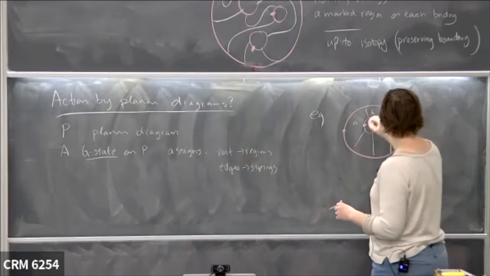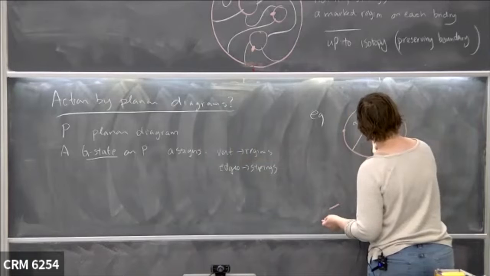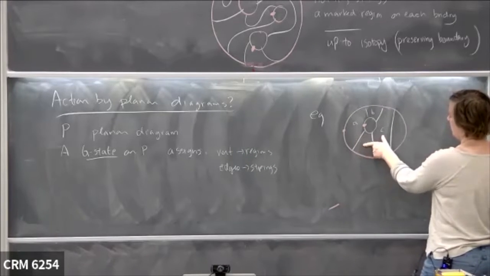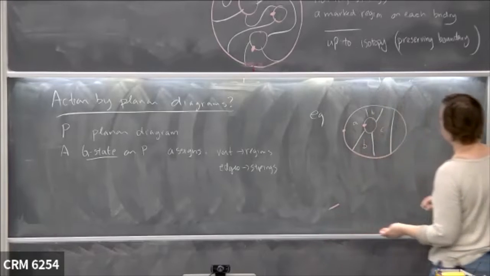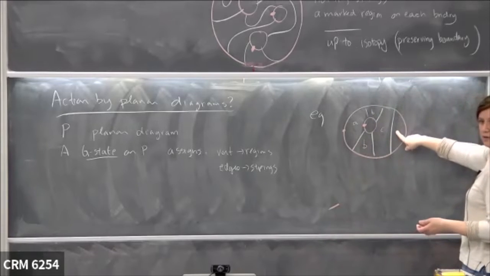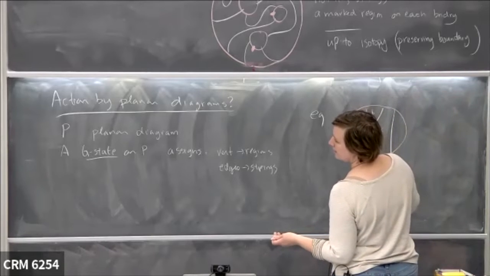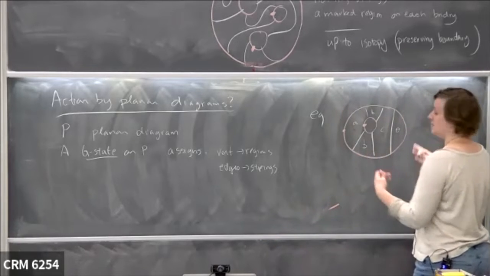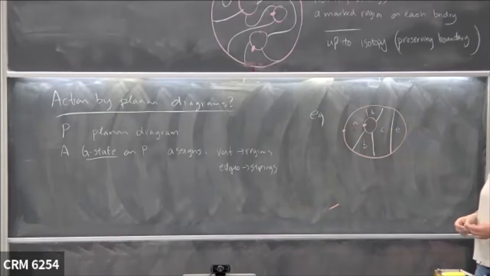We can have A and B and C. Now we're constrained, because whatever vertex goes here must connect to C by an edge and must connect to A by an edge, so there's only the choice of B here. But for this region over here, we could take any of the vertices that connect to C. We could take B or D or E. So we just make a choice. Okay, so this is a state on the planar diagram.